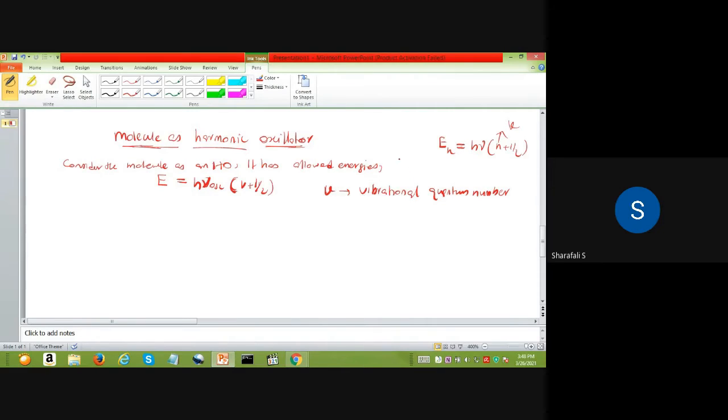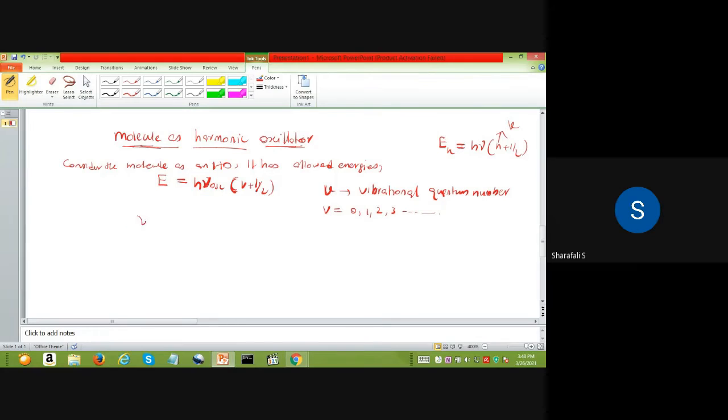J is the rotational quantum number. When we discussed rotational spectroscopy, we discussed the quantum number J, which is the rotational quantum number. In here we have V, which is the vibrational quantum number, and this can take values 0, 1, 2, 3, etc.